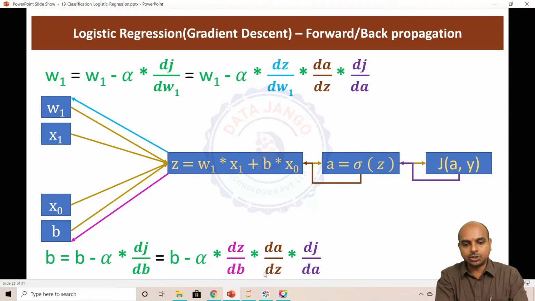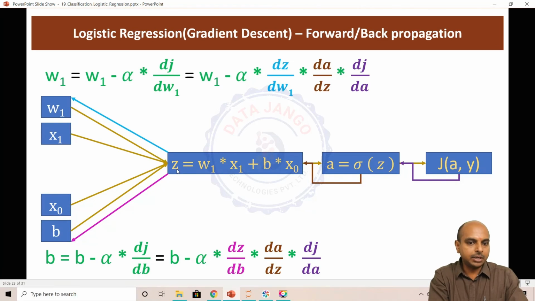If you look at these two terms, dA by dZ and dJ by dA are common for both W and B. Once calculated, they can be used throughout the network. So, to do the next forward propagation, you found the next W by substituting this dJ by dW1, right? And you found dJ by dB and substituted it, and you found the next B.